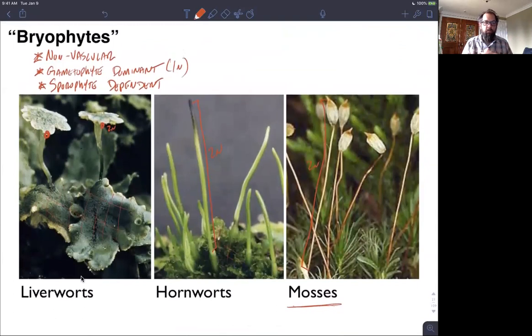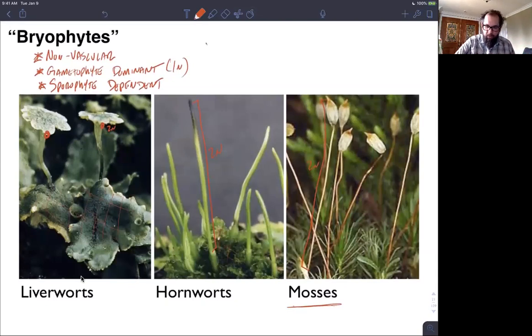I'll show you a nice detailed life cycle of the bryophytes in just a little bit. But these 3 groups have these morphological similarities in that they're non-vascular, they're small size, they're gametophyte dominant and sporophyte dependent. And so these were always lumped into a group together.